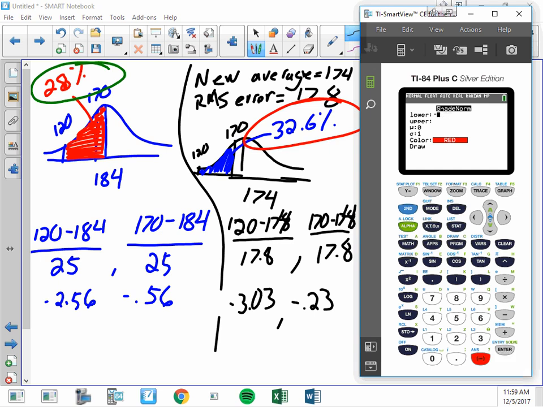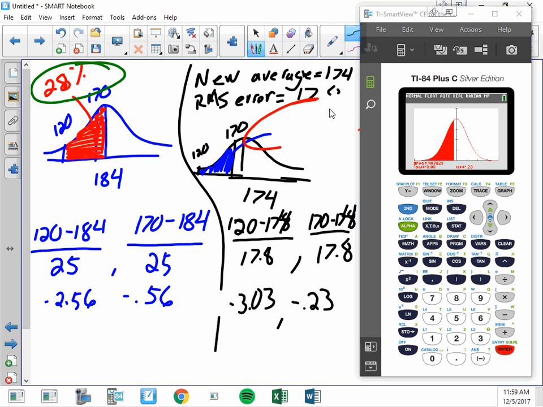So negative 3.03 and negative 0.23. So that area was wrong. It is 40.7. Okay. There we go.